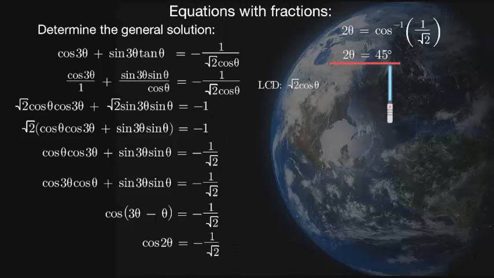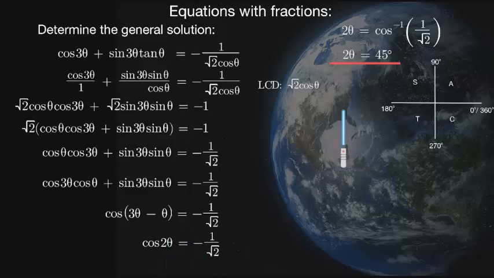Now, something very important, do not solve for theta here. We only do it once we find the quadrants in which we need to work. So this is our reference angle, and then we go to where we have the cosine of its angle equal to the ratio. It's a negative ratio, so we're going to work in quadrant 2 and in quadrant 3.